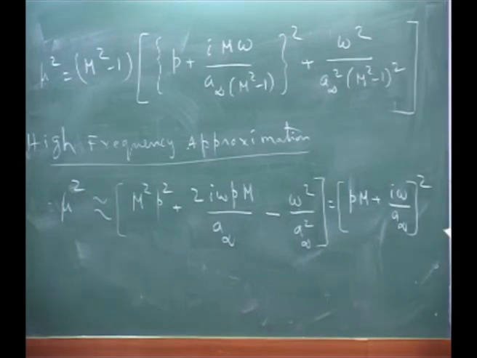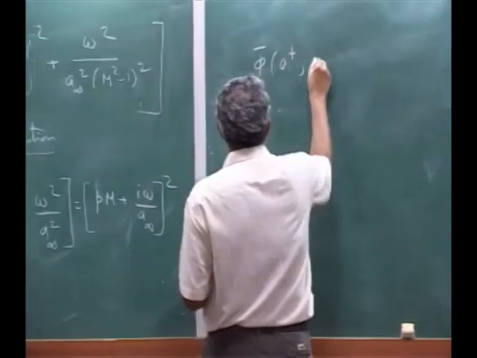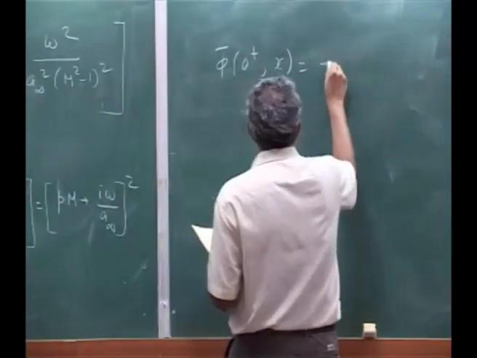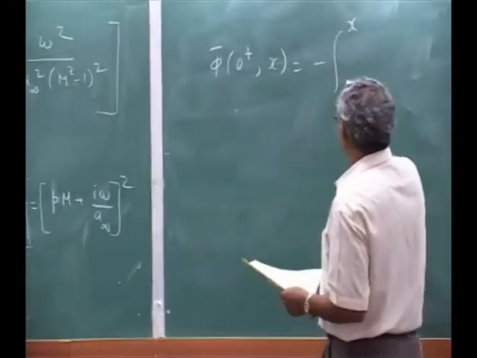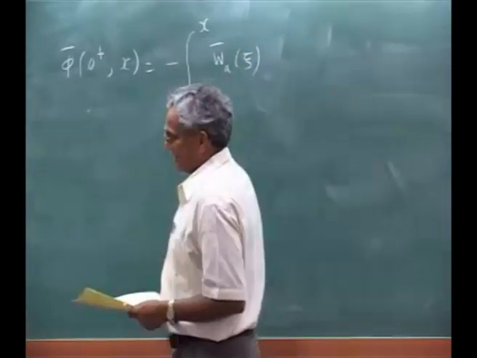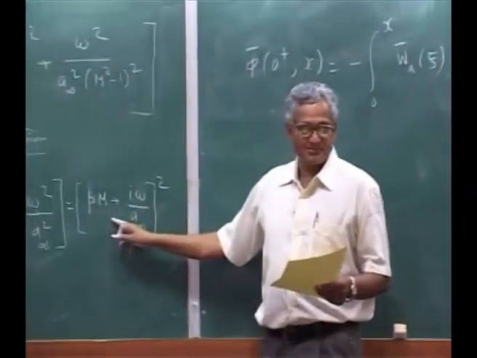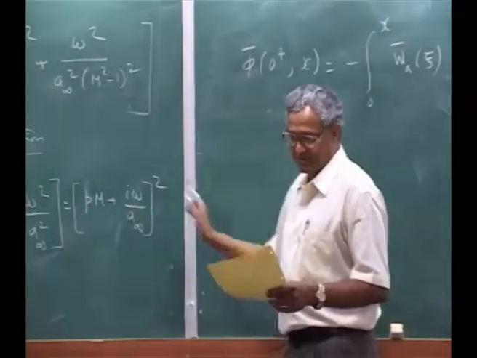So your p bar 0 plus comma x becomes w bar a, right, Laplace inverse of this, because Laplace inverse of 1 over mu, that is the same thing with the term.